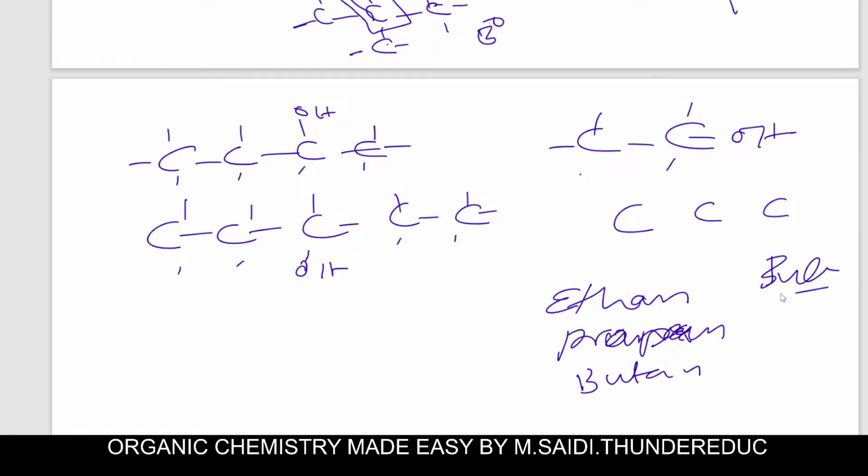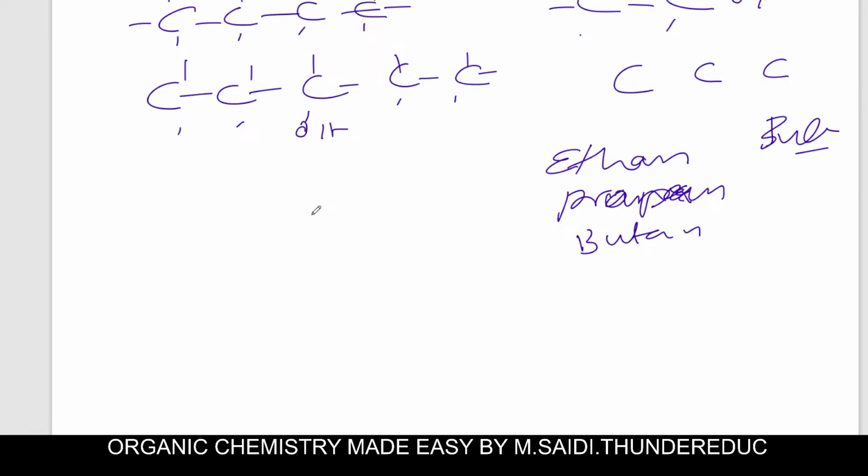This but, eth, prop thing stops only on alkenes and alkynes. For the rest, they go up to ethan, propan, butan, pentan, hexan, heptan, octan. Yes, they stop there. You have to extend up to that point.